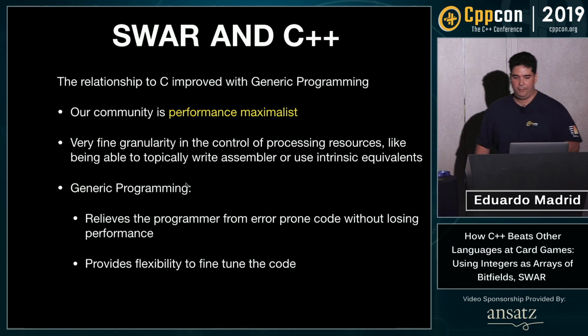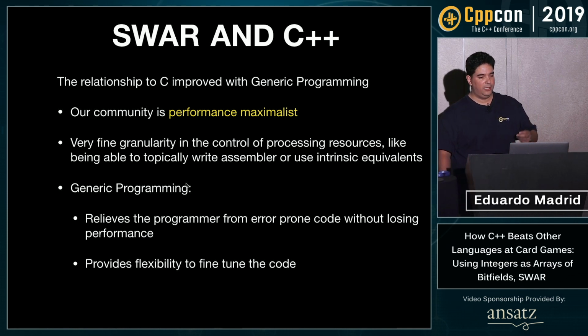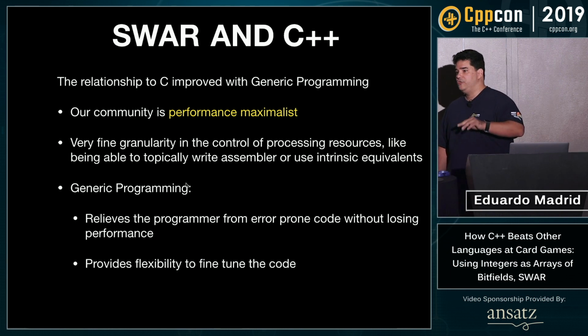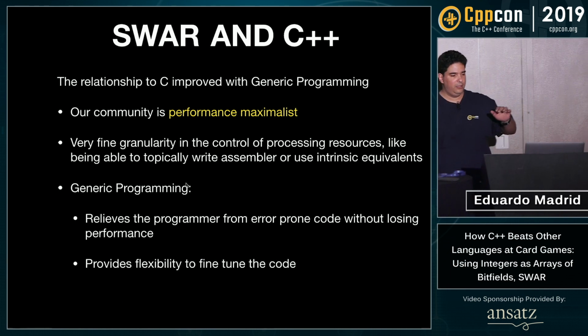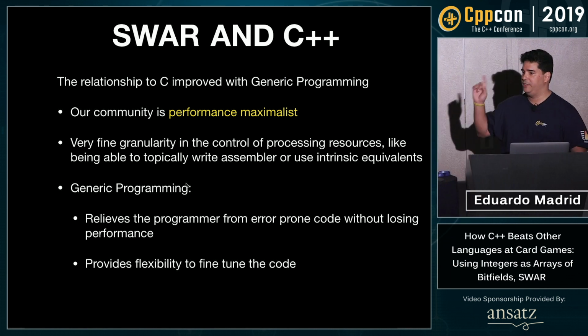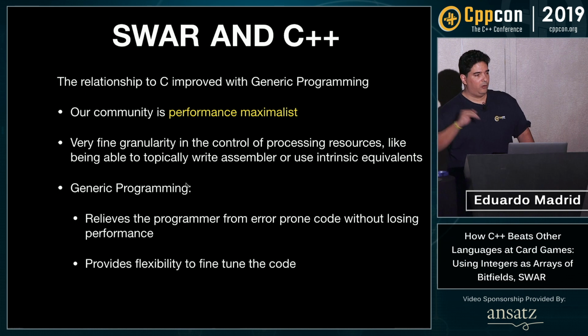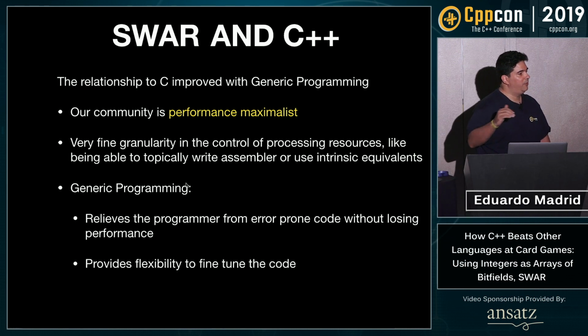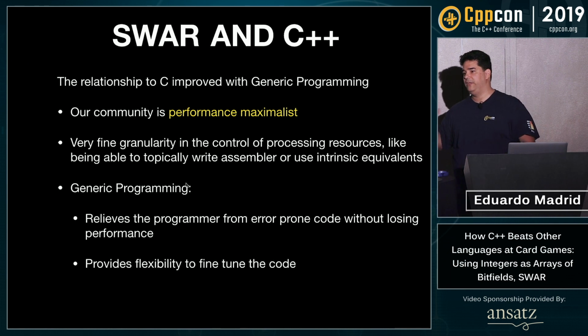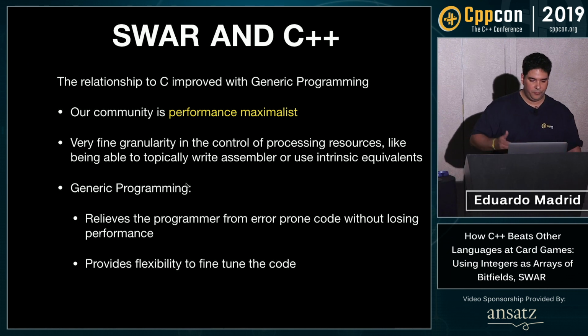Now we're talking about what is the relationship between SWAR techniques and C++. Well, it is the same relationship that we have in SWAR to the plain C programming language, but improved with generic programming. Our community is one of those that is a performance maximalist, so everything that gives us the top performance is of interest to us.